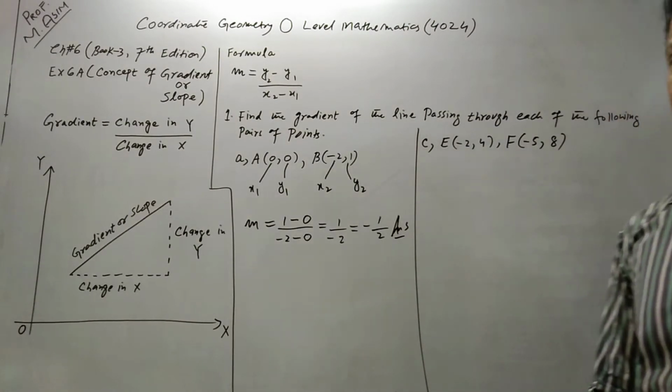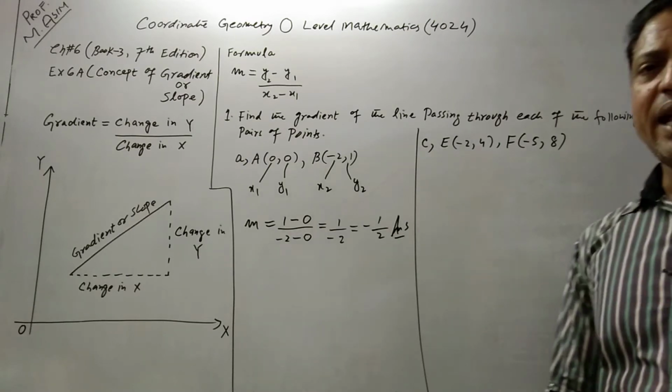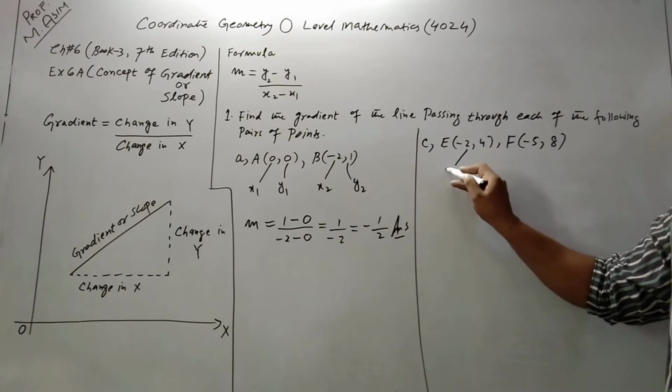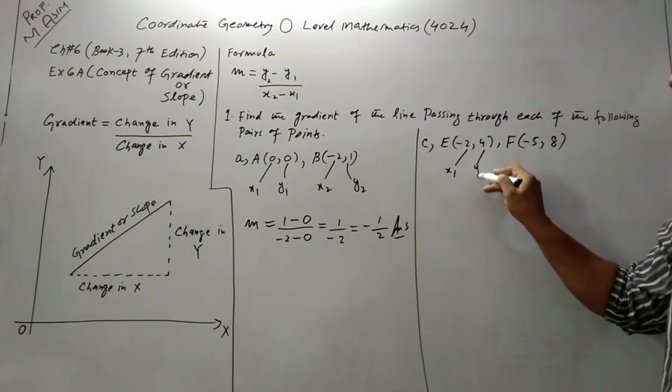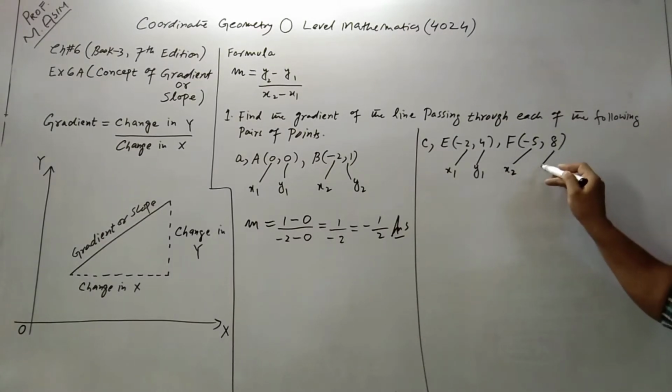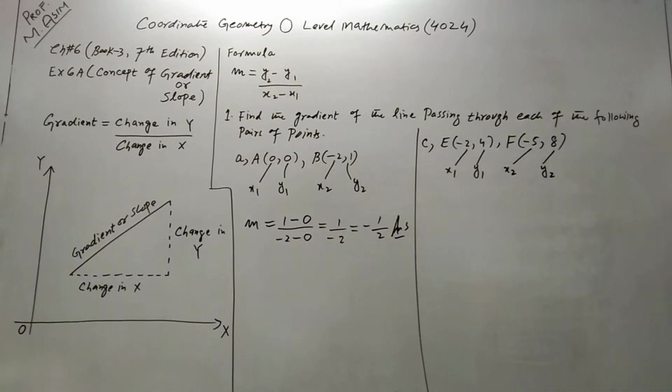How to find the gradient? Same. First assign x1, y1 and x2, y2. This is x1, this is y1, this is x2, and this is y2.